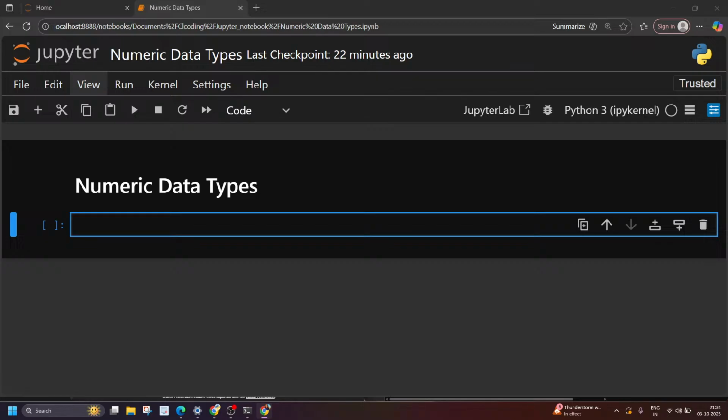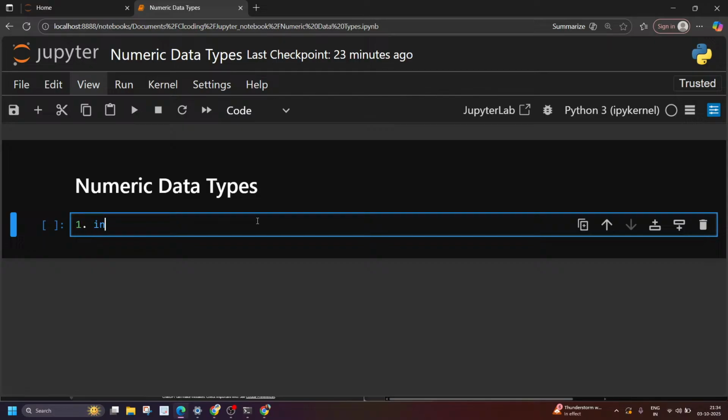Let me tell you, numeric data types are types that represent numbers. By the name it is very clear, numeric means numbers. And numbers are of different types. Python has three main numeric types.